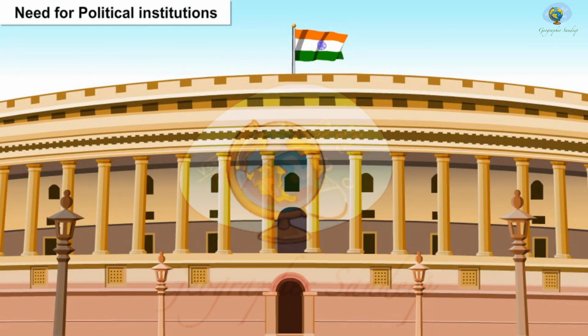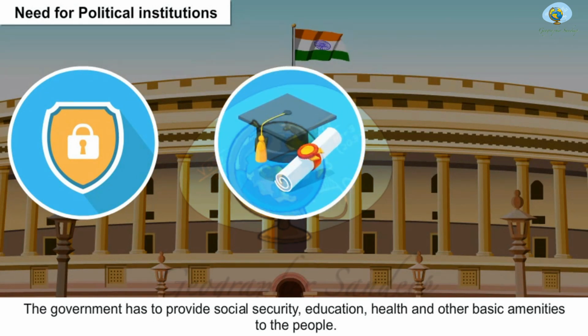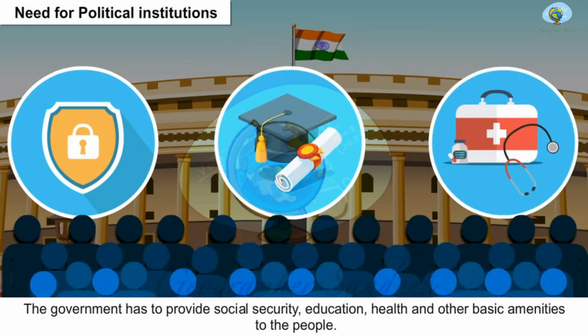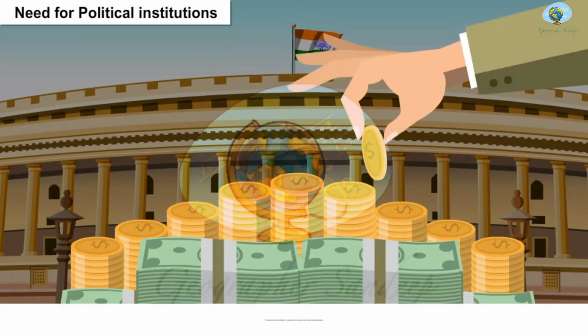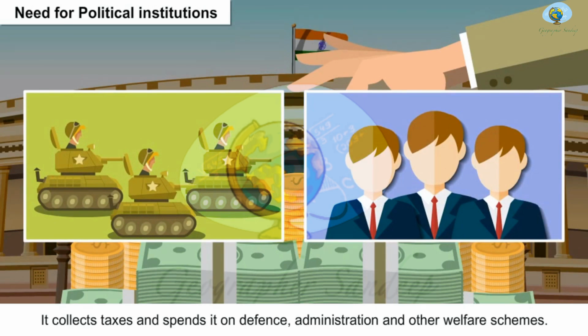Need for political institutions. The government has to provide social security, education, health and other basic amenities to the people. It collects taxes and spends it on defence, administration and other welfare schemes.